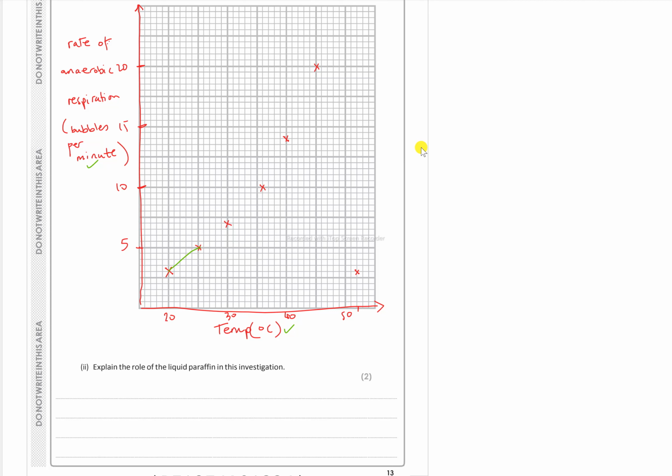So we could join them. And then what's happened is basically, it could change here if you did more finer readings for temperature. That is the optimum temp. And after that, the heat will denature the enzymes, so they will die or stop working as efficiently.